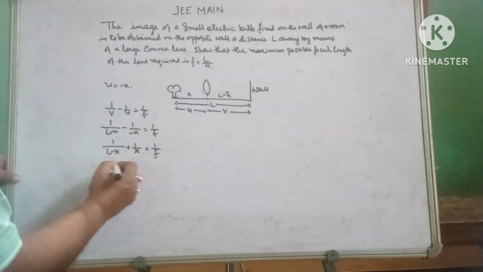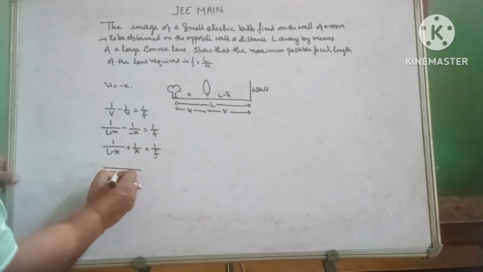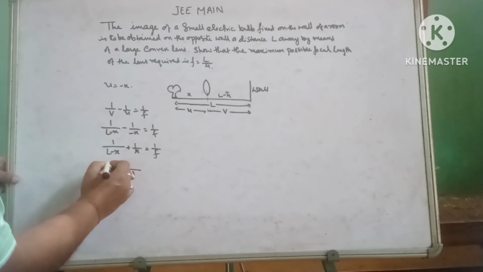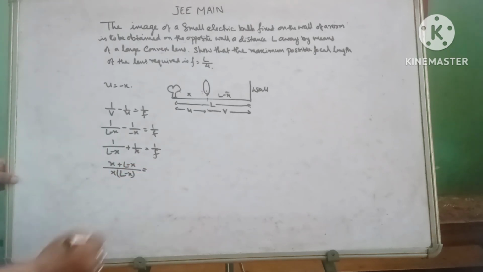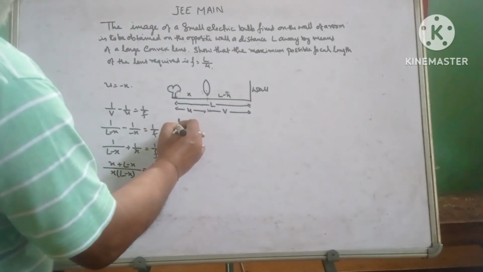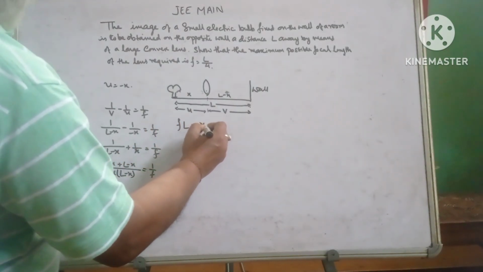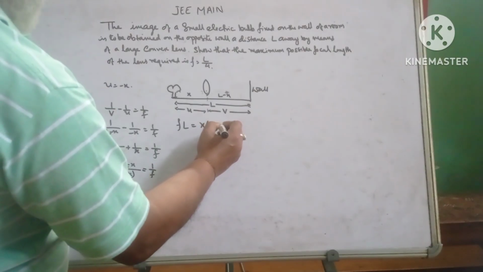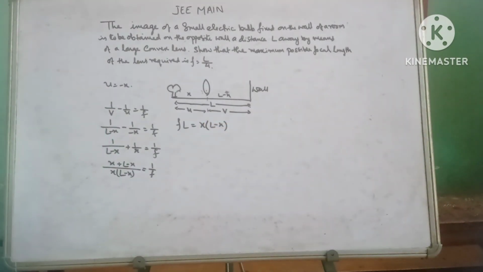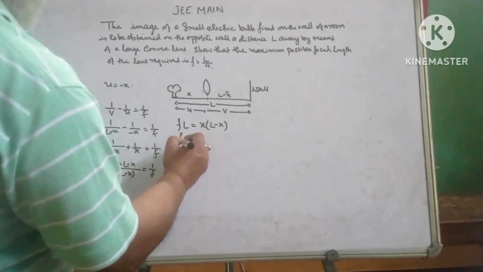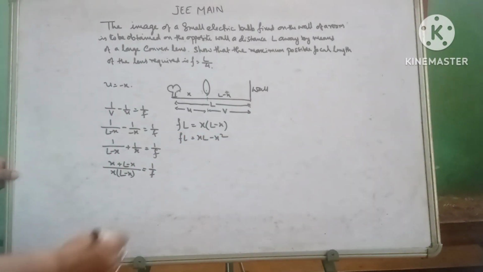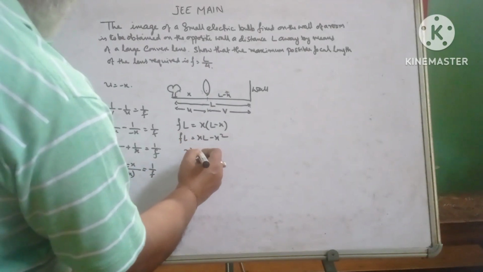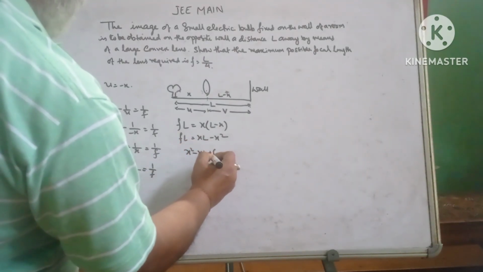Taking the LCM, (x plus L minus x) over x(L minus x) equals 1 by f. So FL equals x(L minus x), which is xL minus x square. So x square minus xL plus FL equals 0.